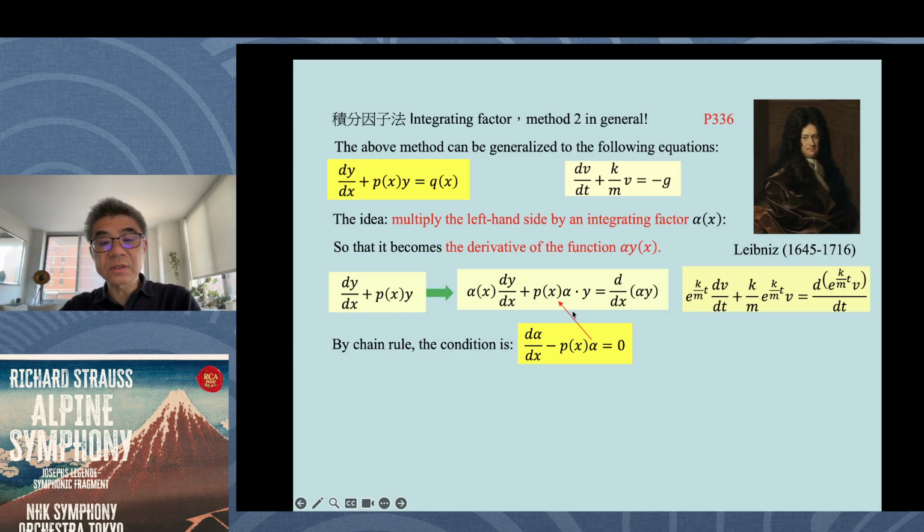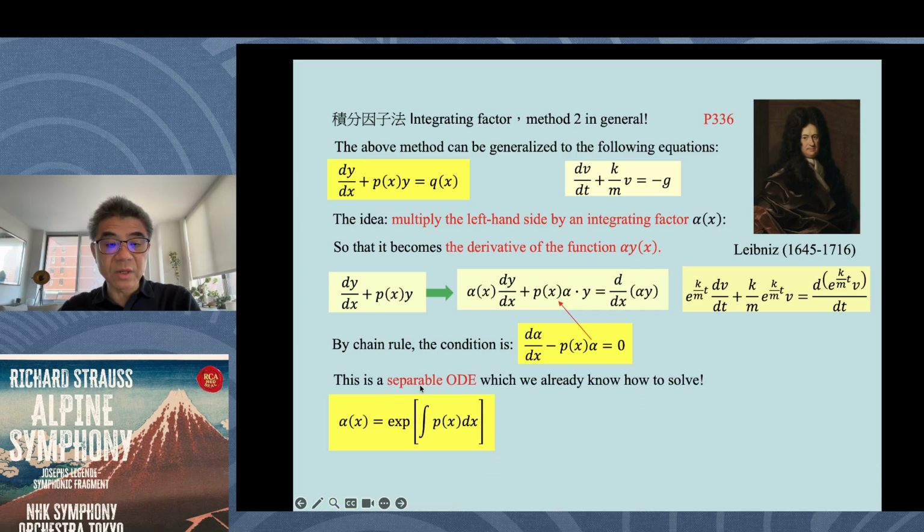Then, if you want this equation to be satisfied, d alpha dx must be equal to this p alpha. So by the chain rule, the condition for this alpha to be the integrating factor is d alpha dx minus px alpha equal to 0. Then this equation is easily solvable, because it is a separable ordinary differential equation, which we already know how to solve. The answer is alpha equal to exponential of the integral of px.